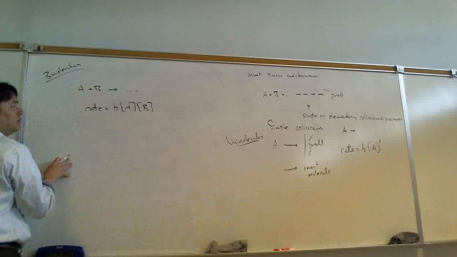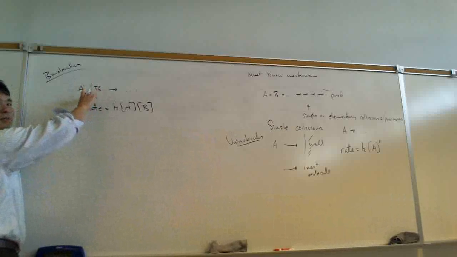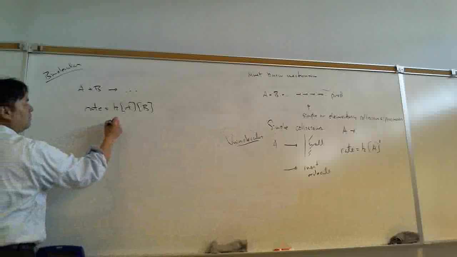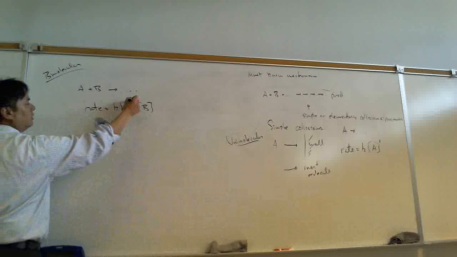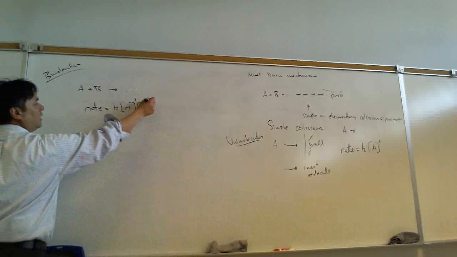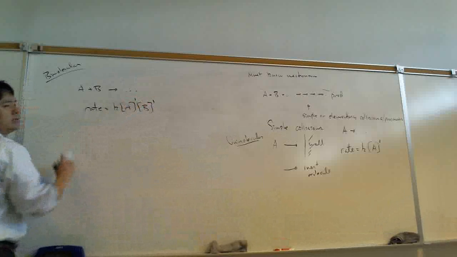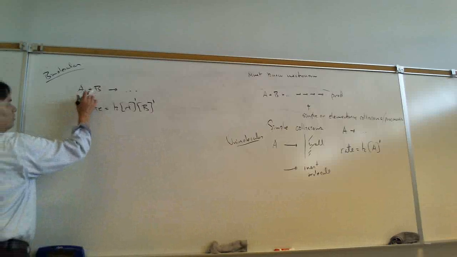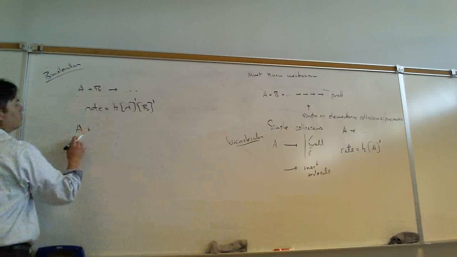The collisions should double. If I double B, the number of collisions should double. And so that means that this should be first order in A and first order in B, and what order overall? Second order overall. That's if I have hetero molecules or atoms.